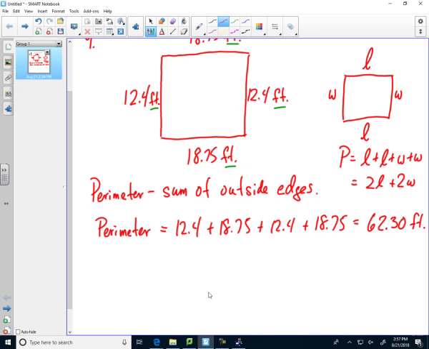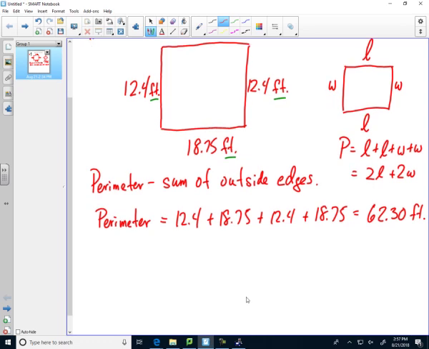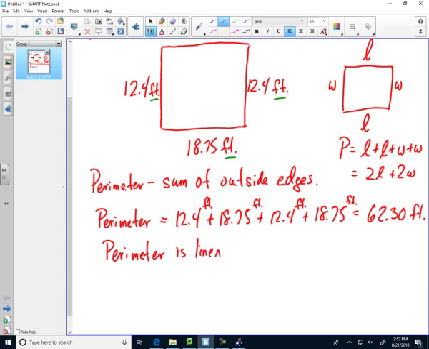Now, one thing I could have written here for each of these, I could have written feet beside each of these, reminding myself that I'm adding 4 different dimensions, but they're all in feet. Okay? Now, another thing I can tell you about perimeters: perimeter is linear.